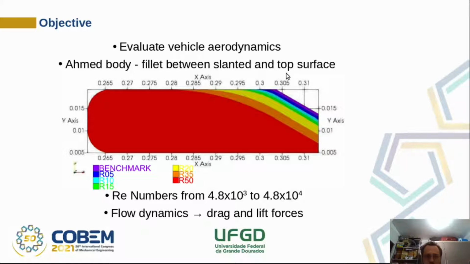These tests were run for different Reynolds numbers from 4,800 to 48,000, and for this range of Reynolds numbers we evaluate the flow dynamics as well as its impact on aerodynamic forces, mainly drag forces.